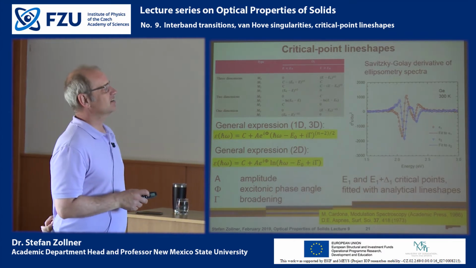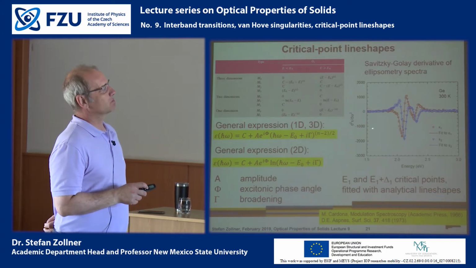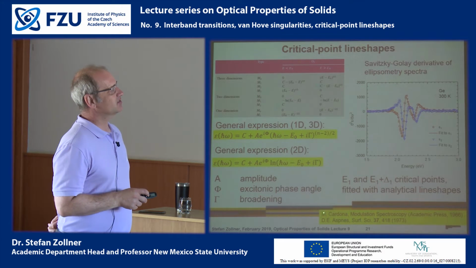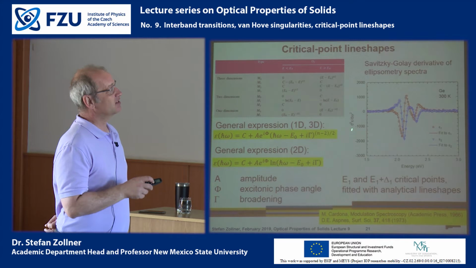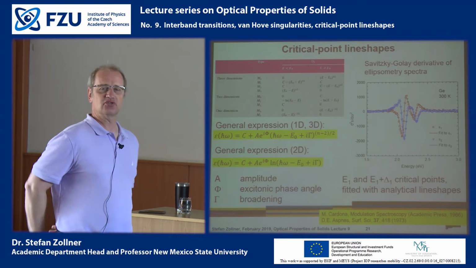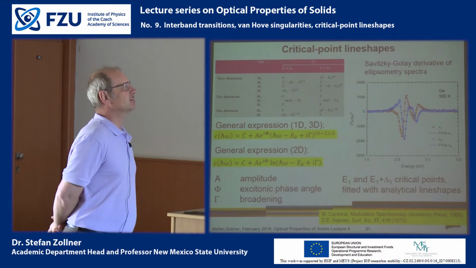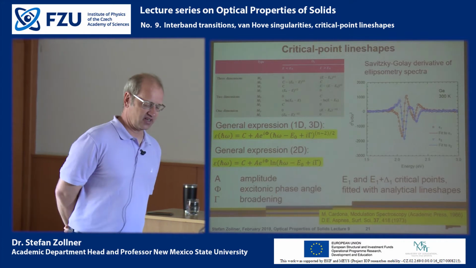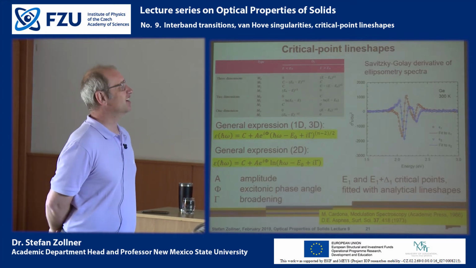And I should say that in the 60s and 70s, people directly measured derivatives versus photon energy using modulation spectroscopy techniques. So you can vary the temperature of the sample, you can apply an AC electric field, or do things like that.